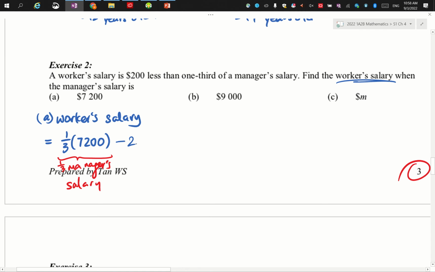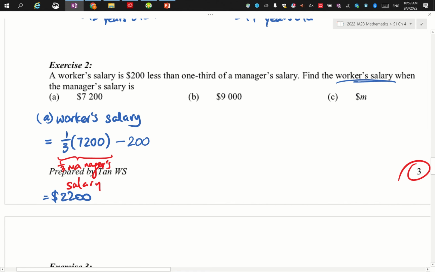So you minus away 200. This is what the worker earned. Logical? So 7,200 divided by 3, then you minus 200. Okay, the worker is earning $2,200. This is how much the worker is earning.